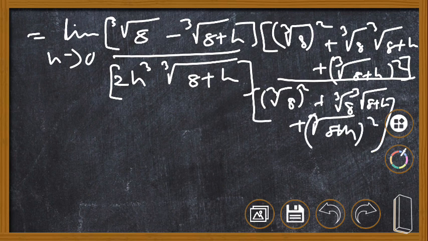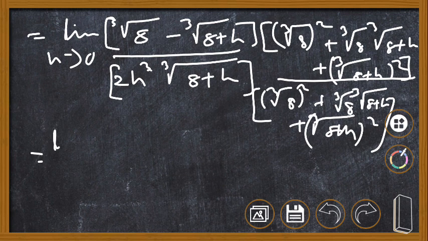Now, see the numerator. Suppose first cube root of 8 I will take as a, and cube root of 8 plus h I will take as b. So, this is a minus b into a square plus ab plus b square.